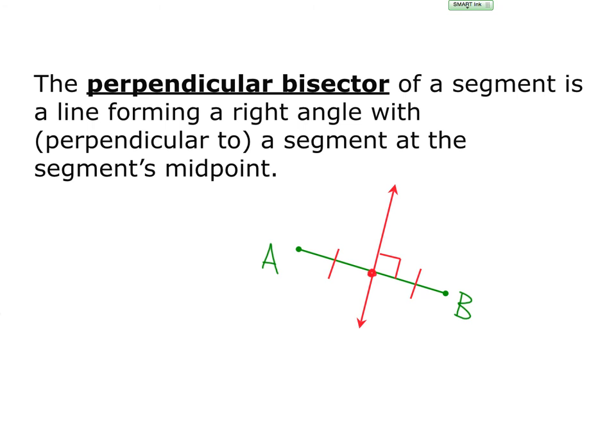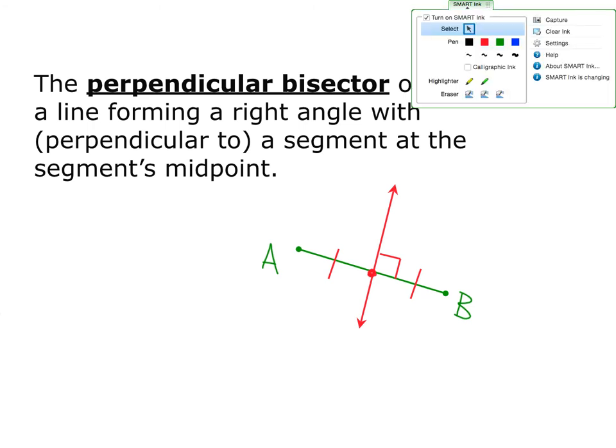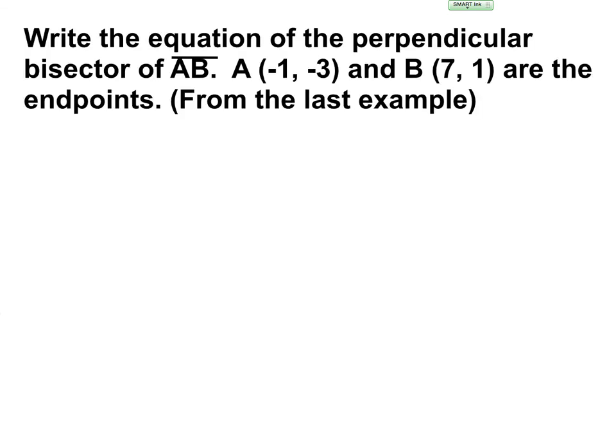Since we're thinking about writing equations, I'm going to skip the construction at the moment and go to writing the equation. Okay, how would we write the equation of the perpendicular bisector of this segment? The ends of the segment are those two points. I know I'm not graphing it accurately, but here are the two ends of the segment: (-1, -3) and (7, 1).